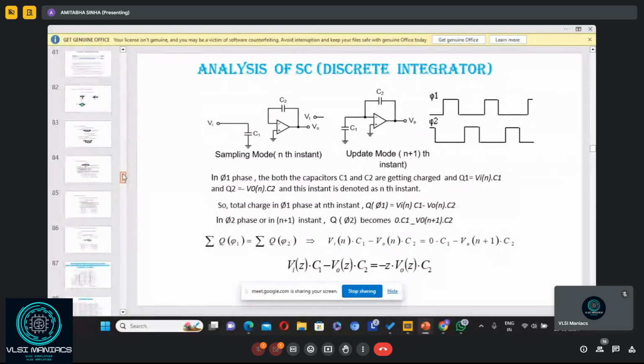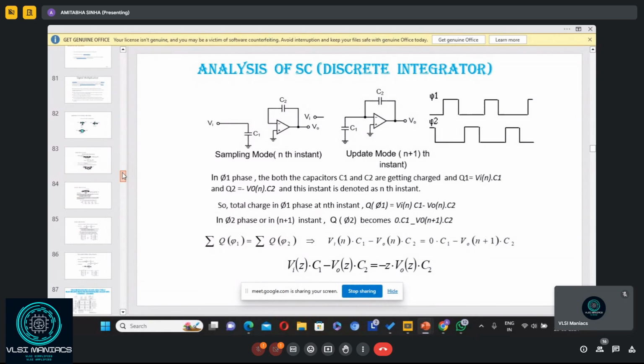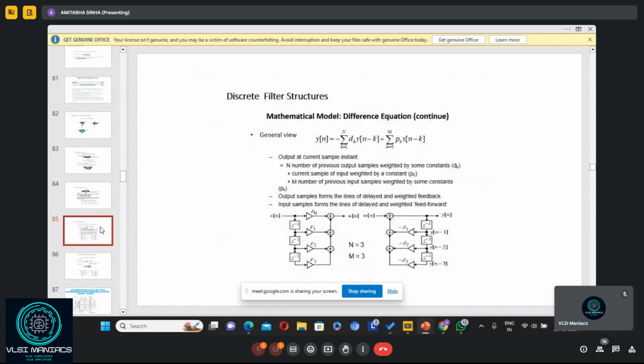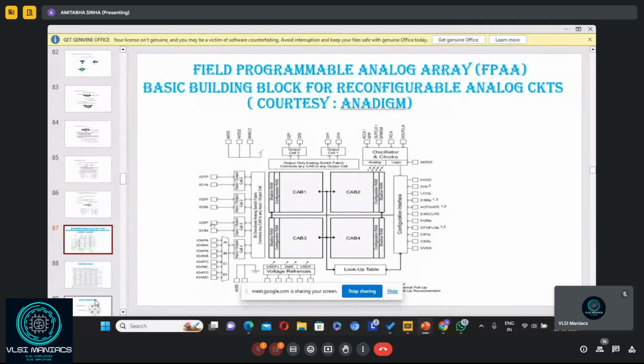Because you are mapping the circuit you originally designed using analog, that will be translated to the FPAA. It will require a number of CABs depending on the complexity. Within each CAB, whether it is an RC circuit or CR circuit or RR circuit, it depends, and accordingly the switches have to be activated.